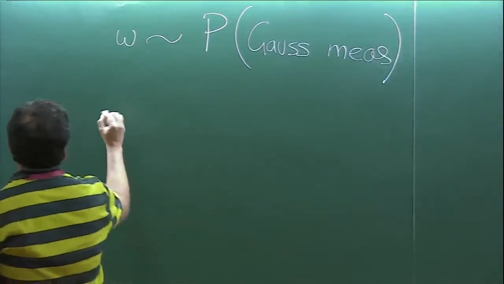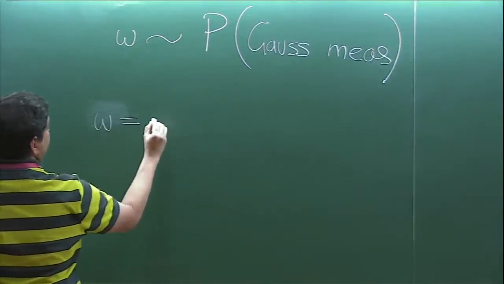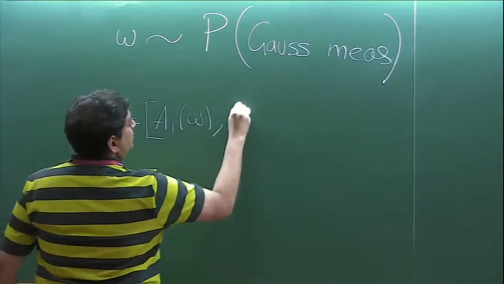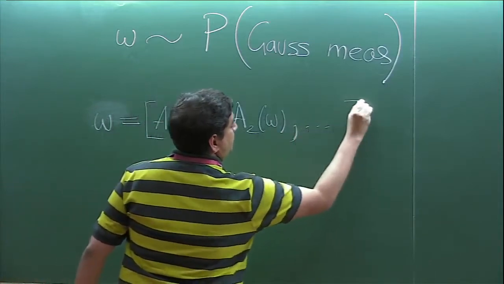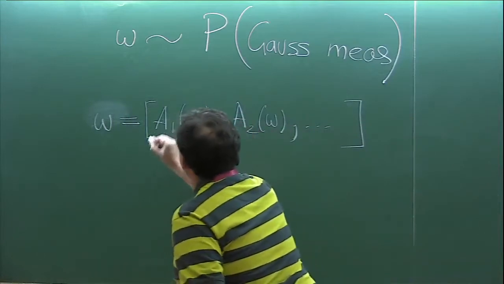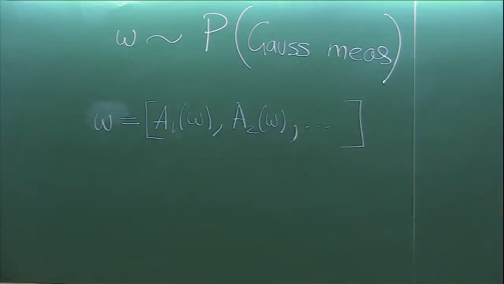And then you write the expansion of omega as A_1(omega), A_2(omega), and so on. Of course for rationals you don't care because that happens with probability 0. So essentially for irrationals you're writing it.